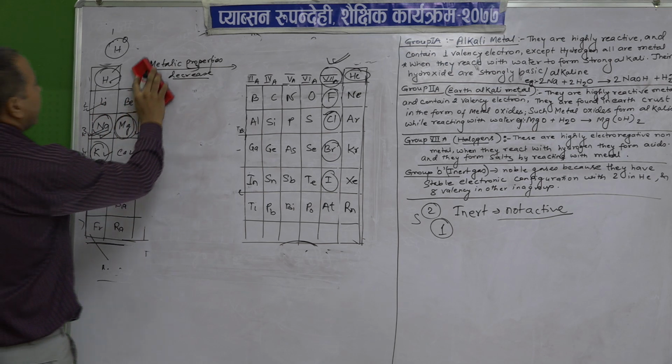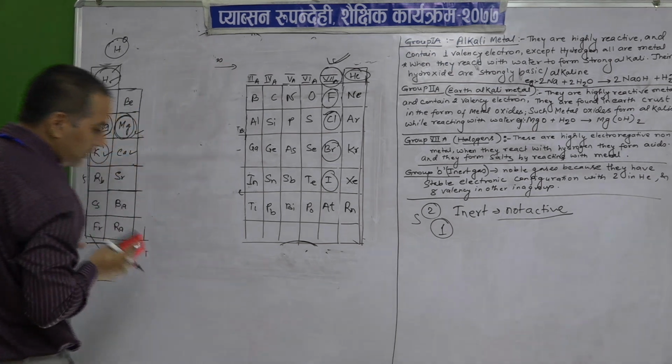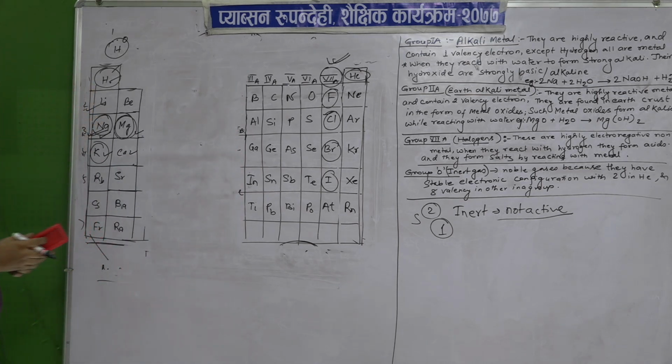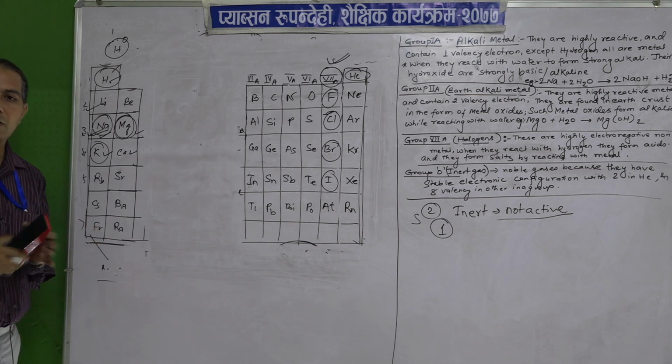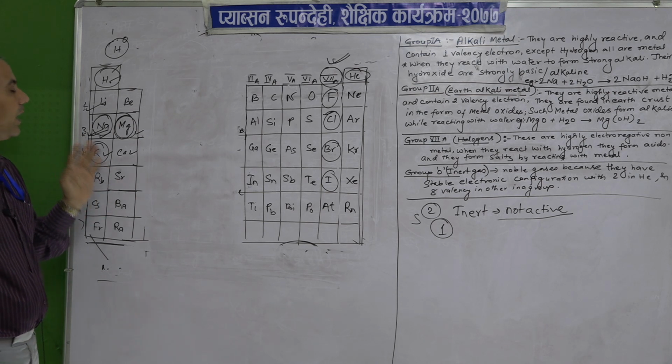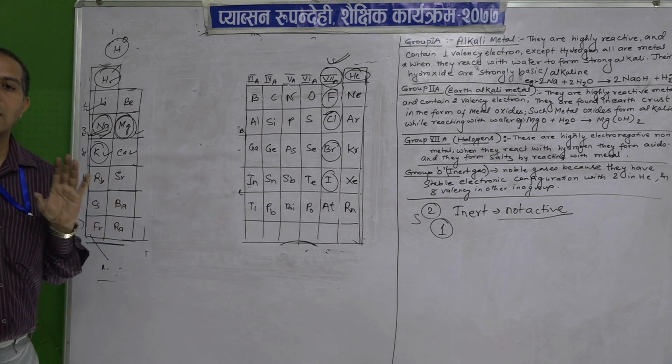Then the next thing that we are studying, the characteristics. Till here, you understand what I said. Let us once again revise. Group 1 is called alkali metals. Why alkali metal? Because when it dissolves in water, it forms a basic or alkaline solution.